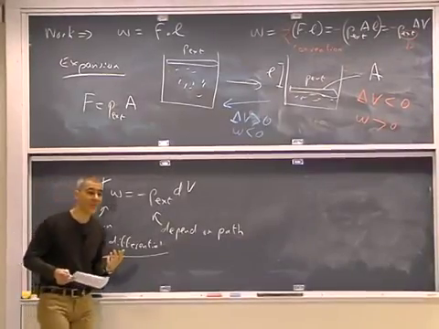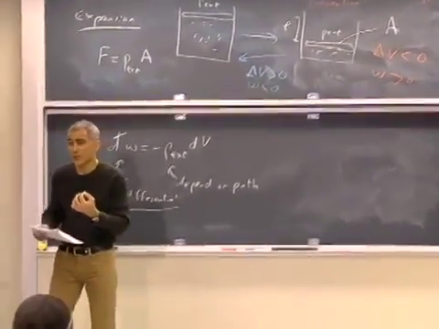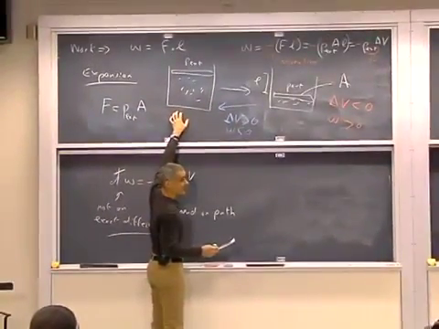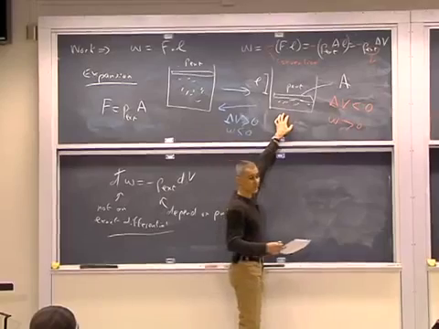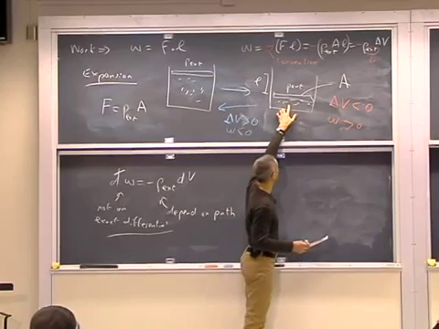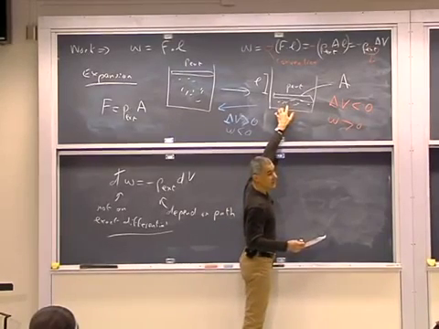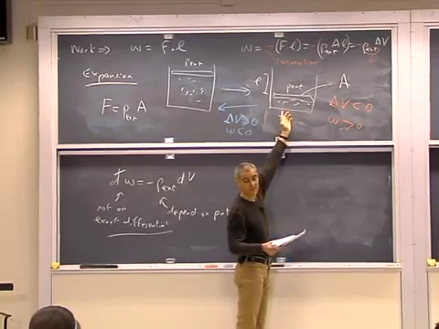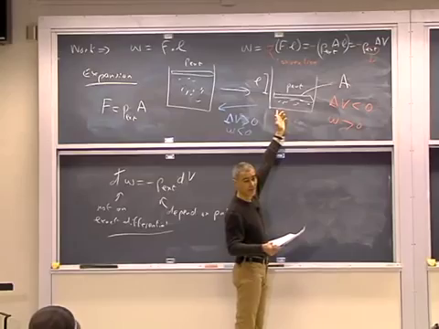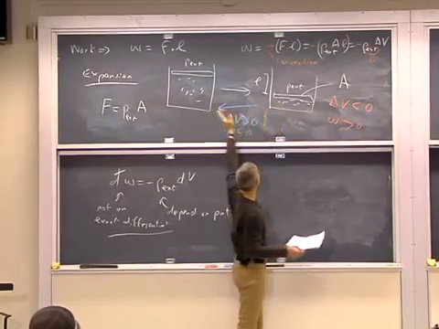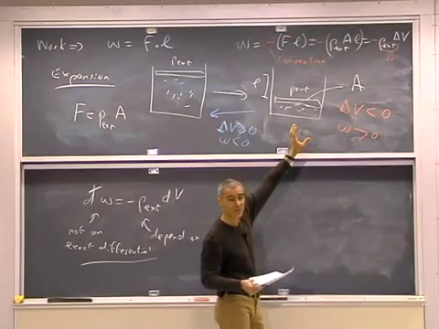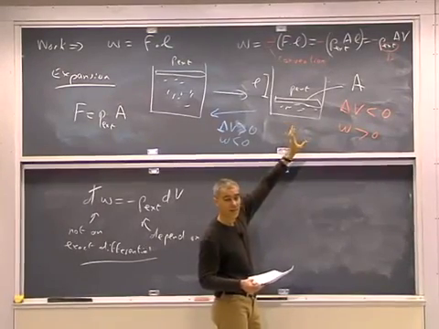This is very different from the functions of state, like pressure and temperature. There's a volume, there's a temperature, then a pressure here. There's another volume, temperature, and pressure here, corresponding to this system here. And this volume, temperature, and pressure doesn't care how you got there. It is what it is. It defines the state of the system. The amount of work you've put in to get here depends on the path. It's not a function of state. Okay? It's not an exact differential.